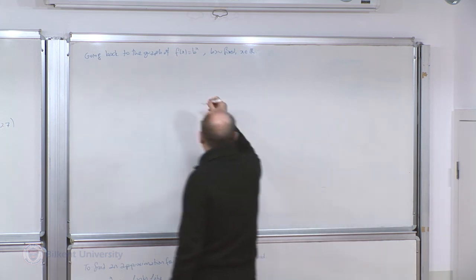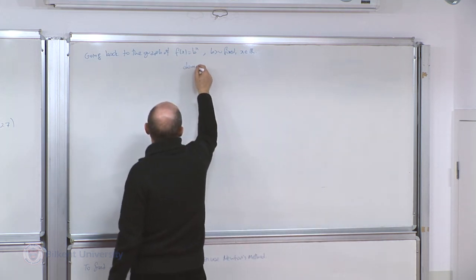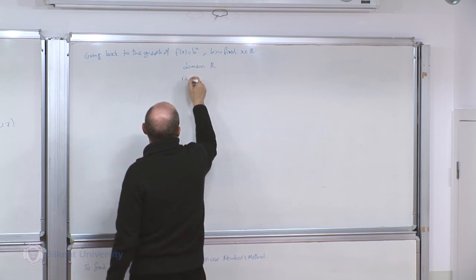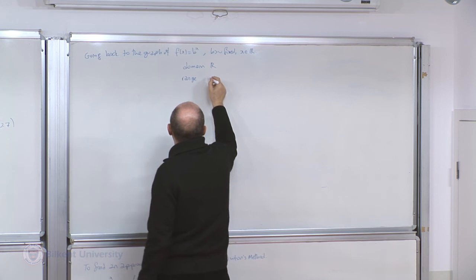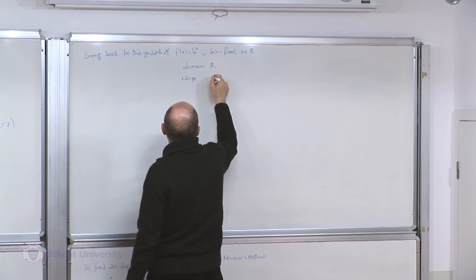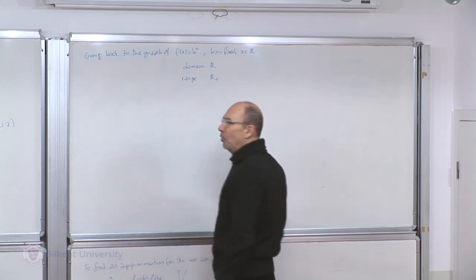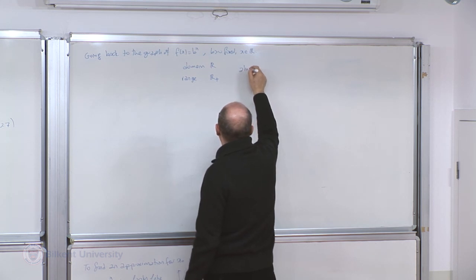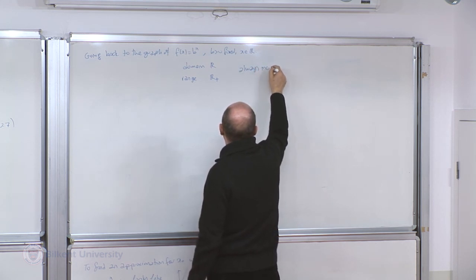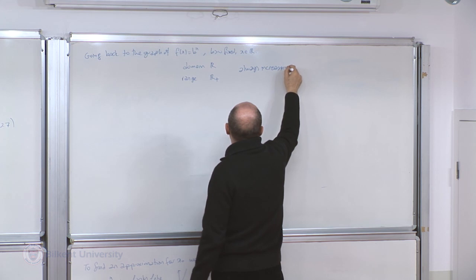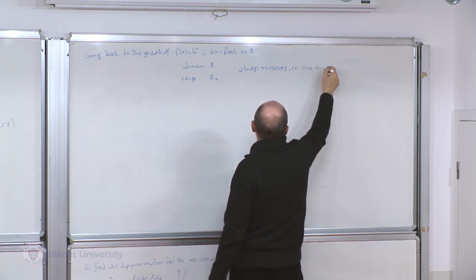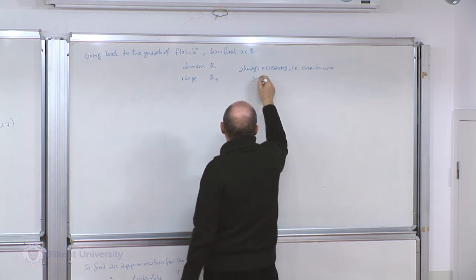So its domain is R, and range is positive R, let's say positive, only positive real numbers, and always increasing. That is 1 to 1. So an inverse exists.